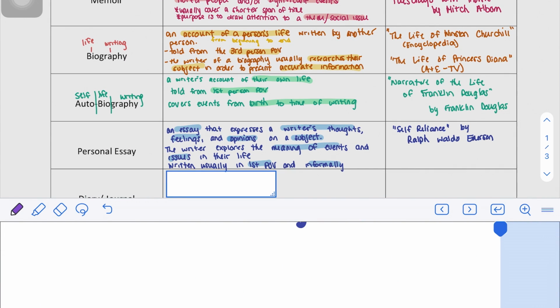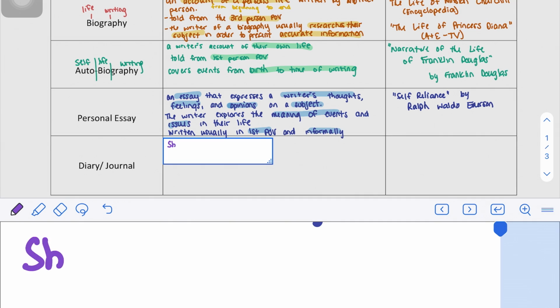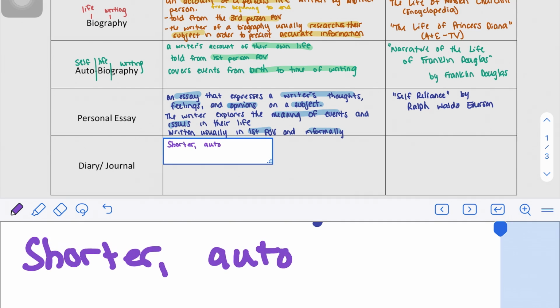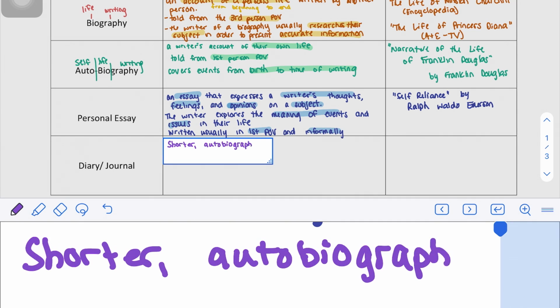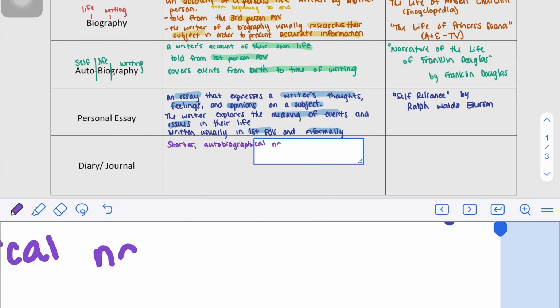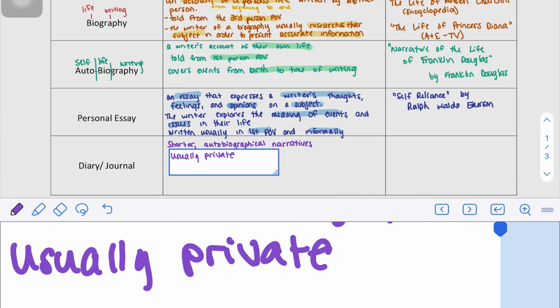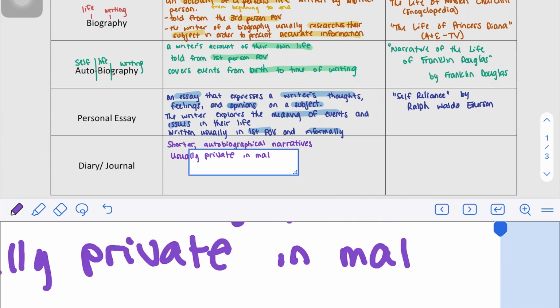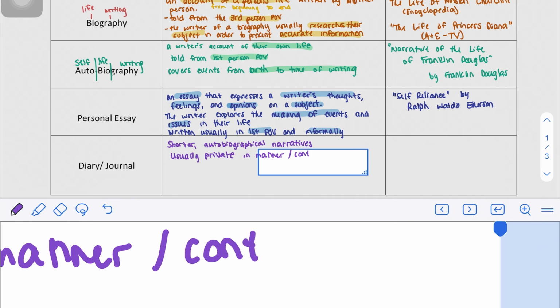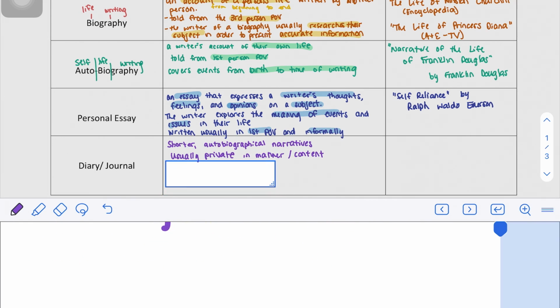The last type of literary nonfiction that we will cover in this unit is a diary or journal. They are shorter autobiographical narratives, usually private in manner and content. Most of the time we write journals and diaries without the intention of publishing them. And it's typically a book in which one keeps a daily record of events and experiences.